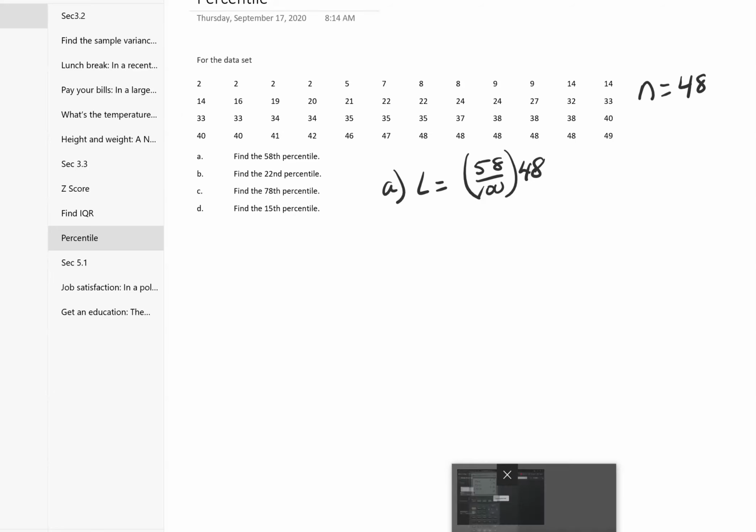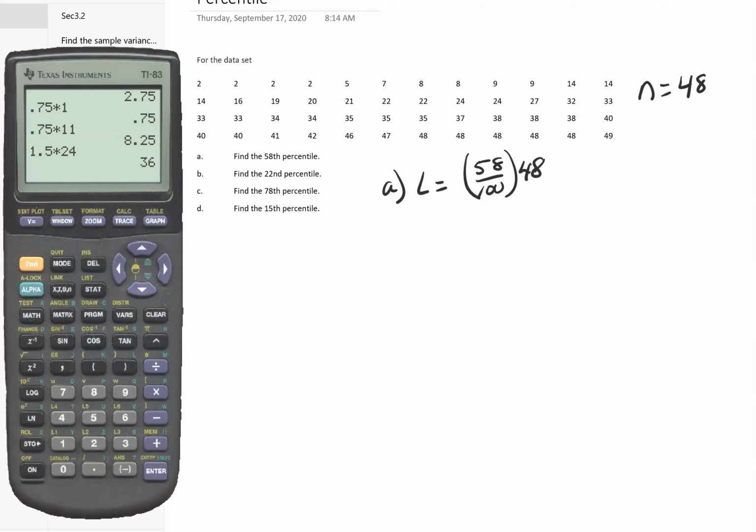So 58 divided by 100 gives me 0.58. And I want to take my answer and multiply that by 48.